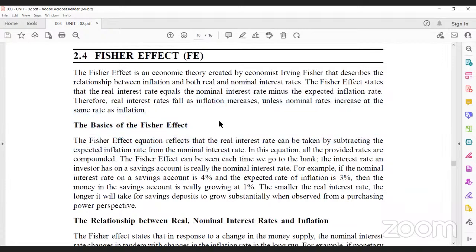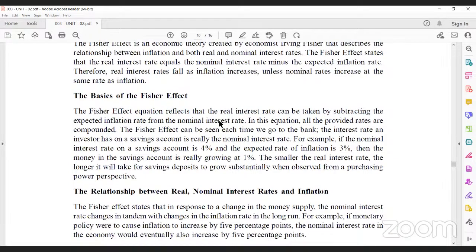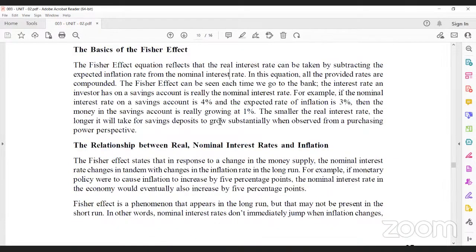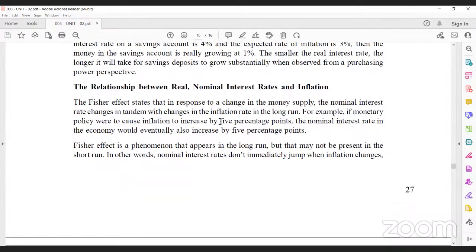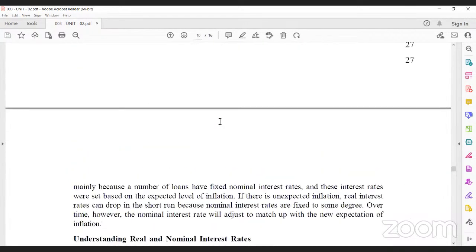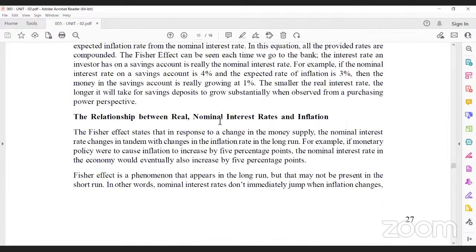Let us try to understand it. The Fisher effect states that in response to a change in money supply, the interest rates will also change with the change in inflation rate in the long run.